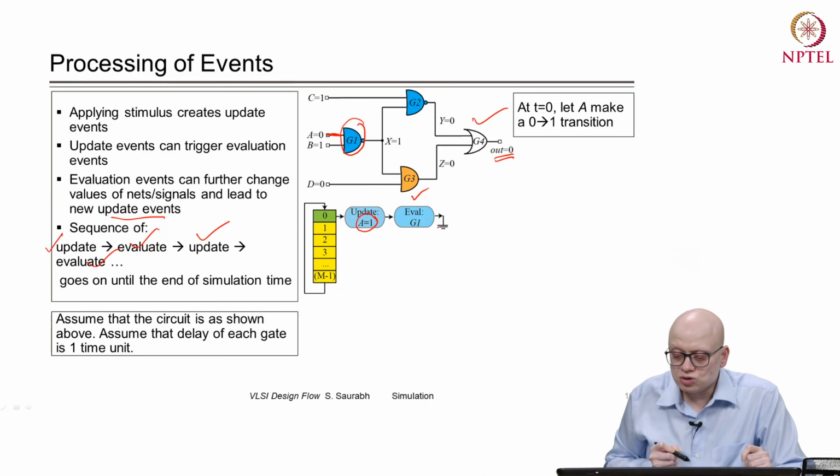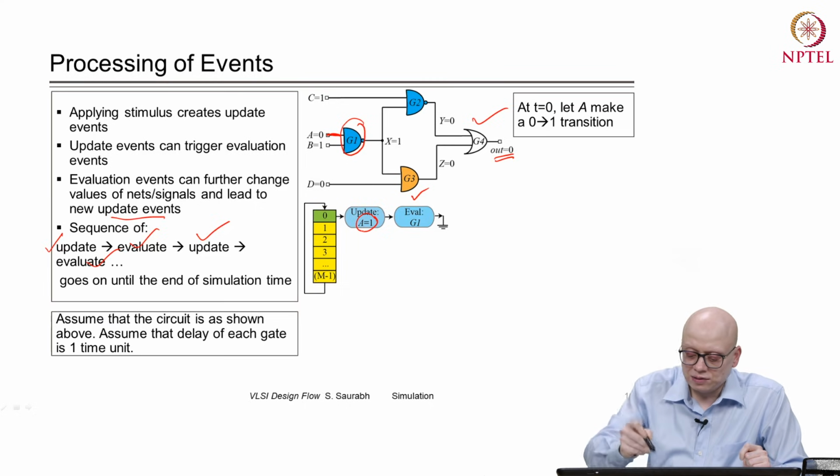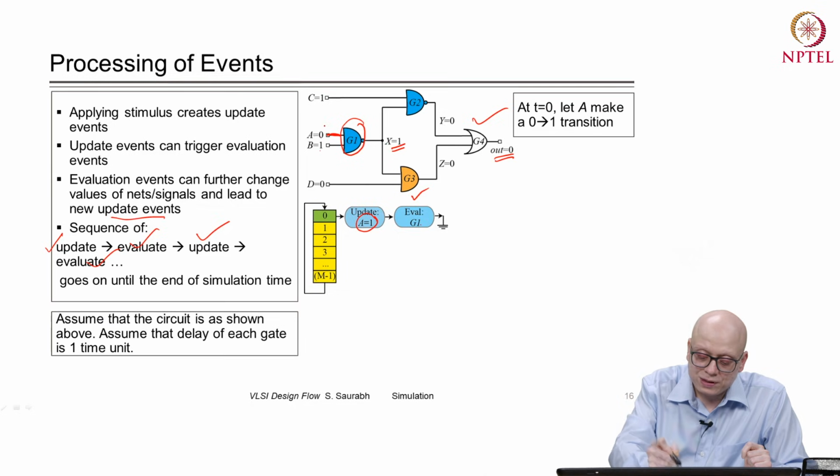Initially the value of x was 1, because A was 0, B was 1, and this is a NAND gate, so the output was 1. Now, the update event was created and A became 1.